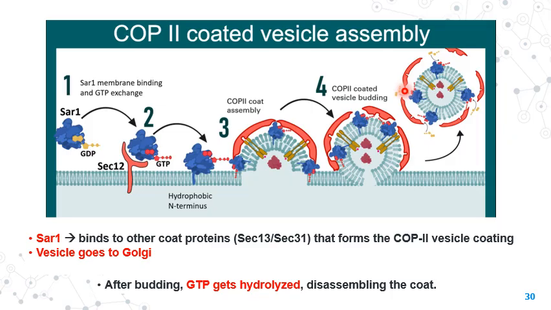So this one gets dissociated, and here you're going to get your naked vesicle that is going to go towards the Golgi. So it's a basic type of mechanism, and what you need to keep in mind is when you have GTP on SAR, when you get association with the membrane, and when you get vesicle formation based on those adaptive proteins.